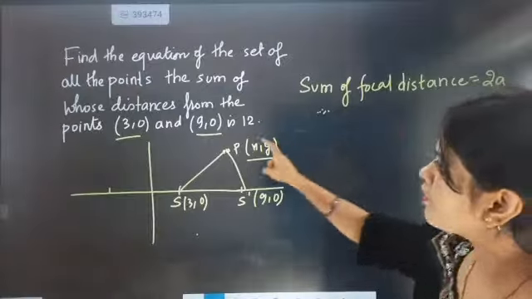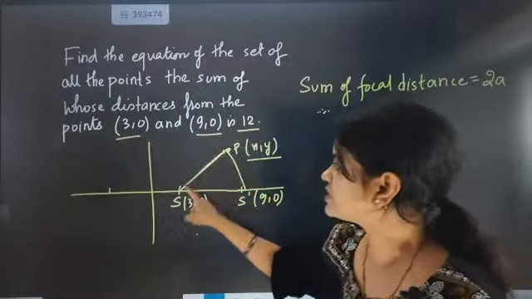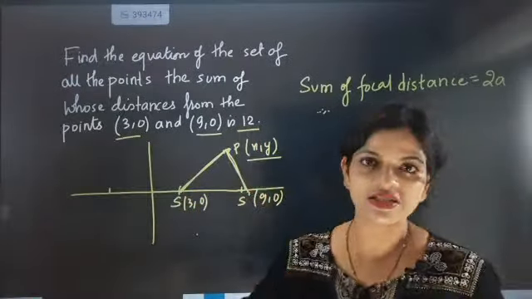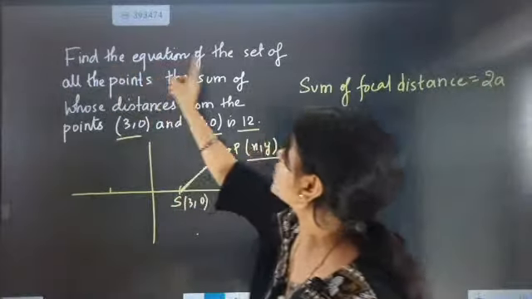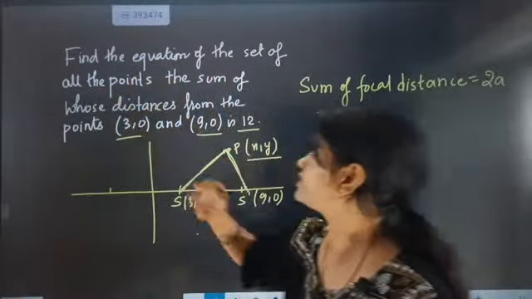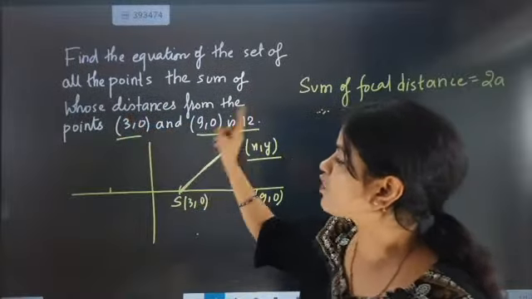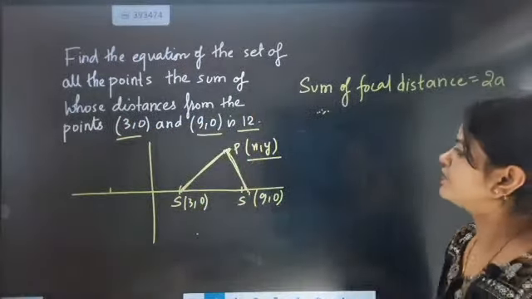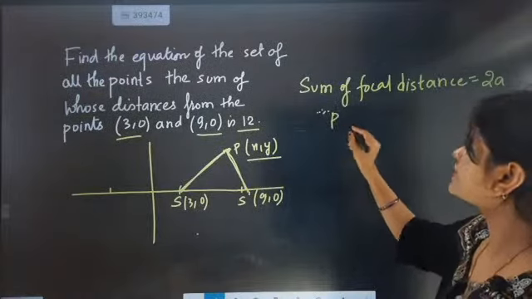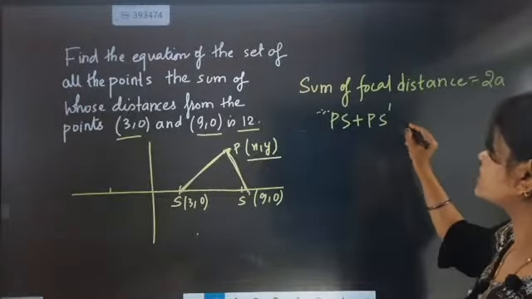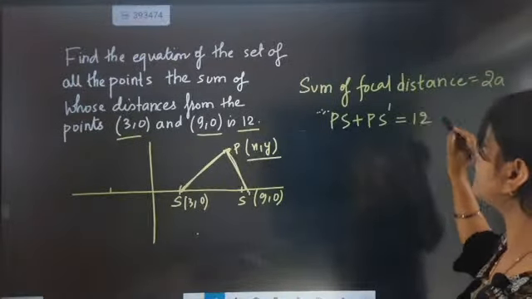So here sum of focal distance means the distance between this and this. That is what they told: find the equation of the set of all the points, the sum of whose distance from the fixed points is exactly 12. So here PS plus PS dash equal to 12 is given.